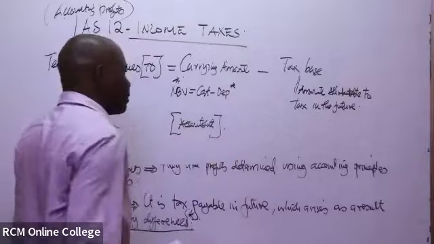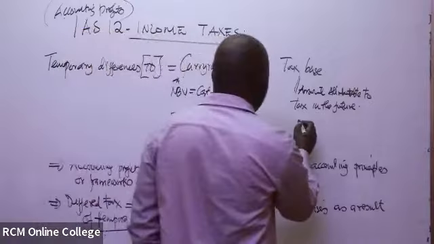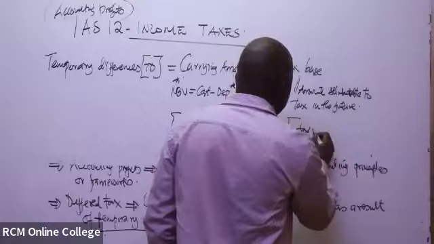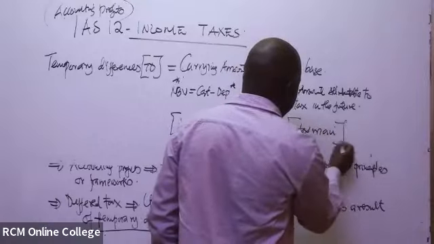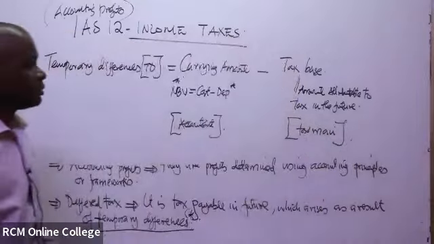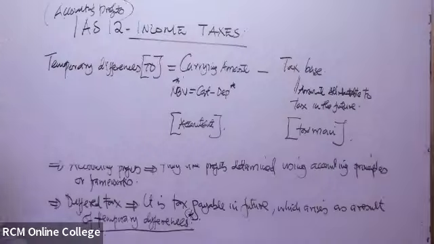But this is what the taxman was expecting: the amount that was supposed to be taxed.